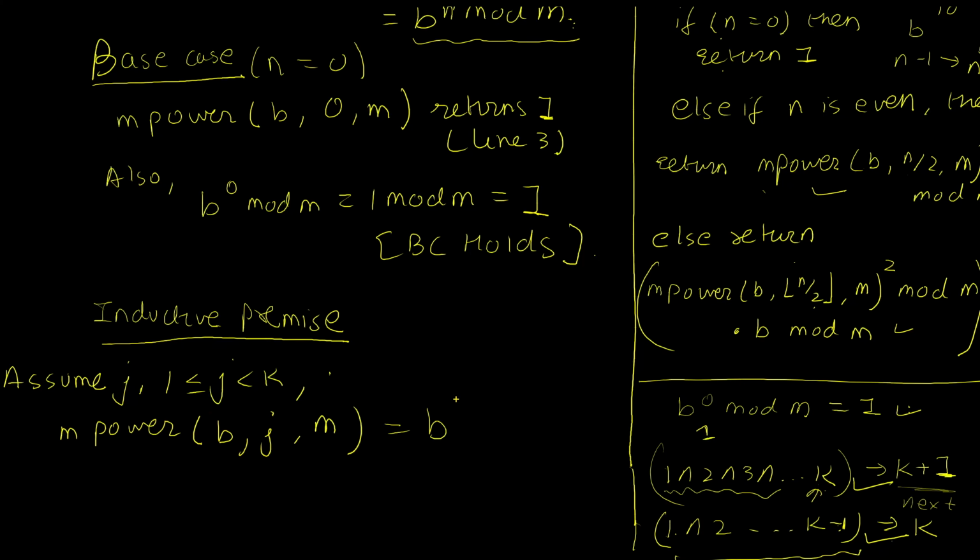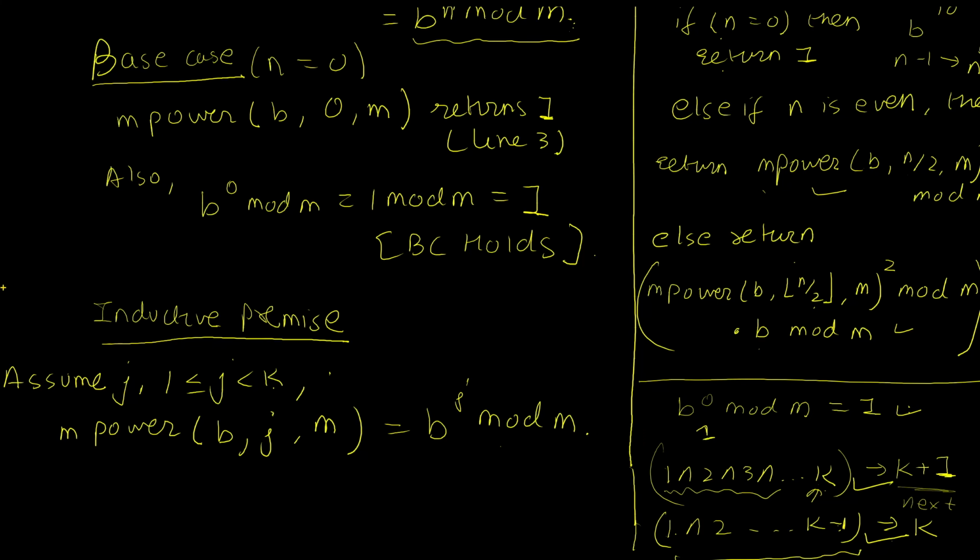This returns b raised to the power j mod m. So let me tell you again, what we assume in the inductive premise depends on what we expect of the function, not what is defined in it. We want this function to calculate b power n mod m correctly. That's what we assume. It works for all inputs less than k.